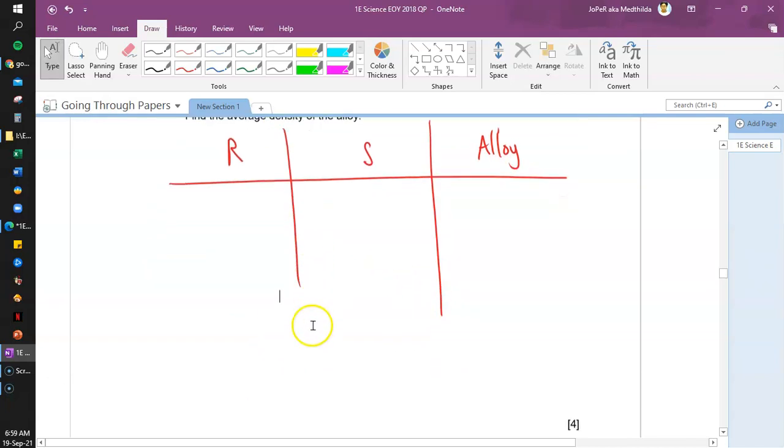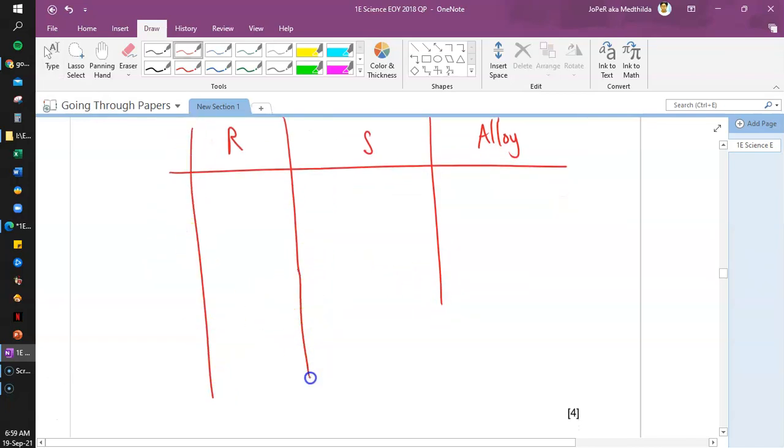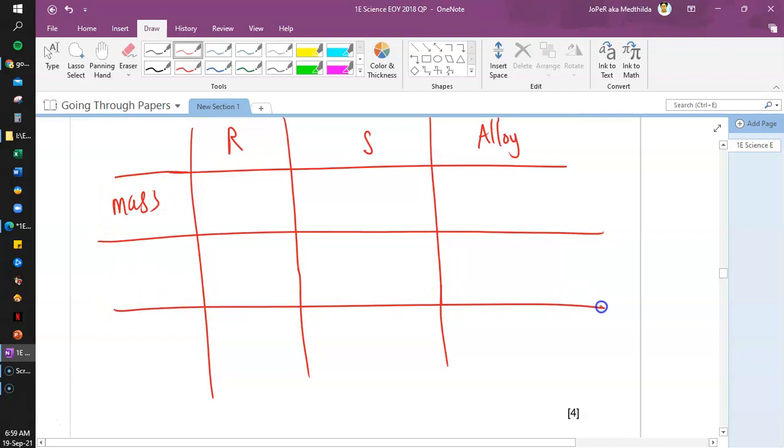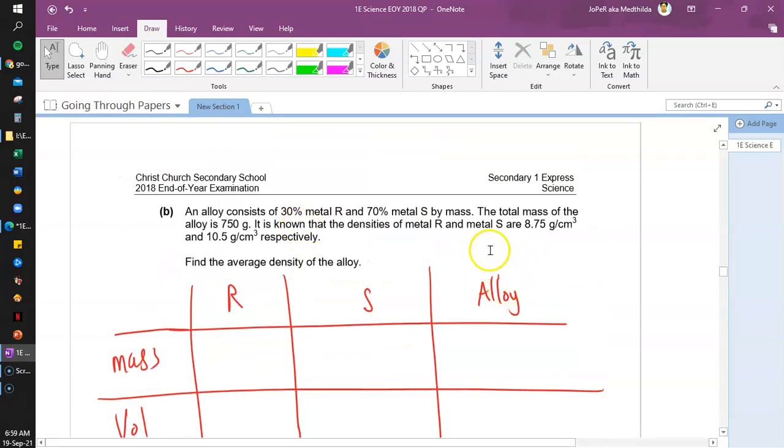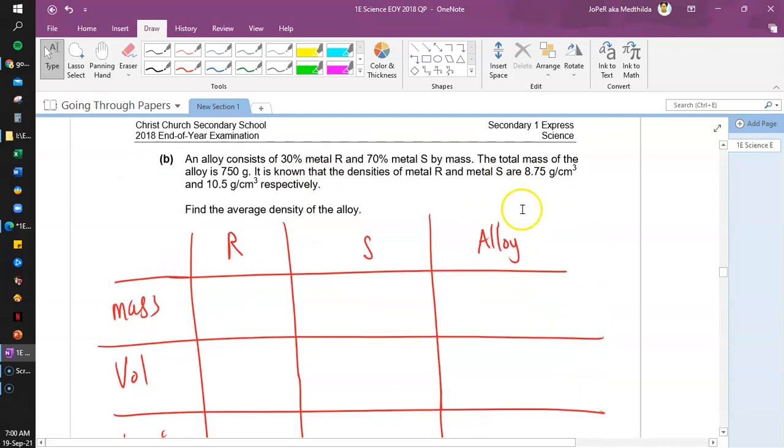So let's go down a bit more. Then after that, in terms of the three rows, I'm going to have the mass, the volume, and the density. Okay, so now based on this, how to find the average density? Let's write down some of the stuff first.